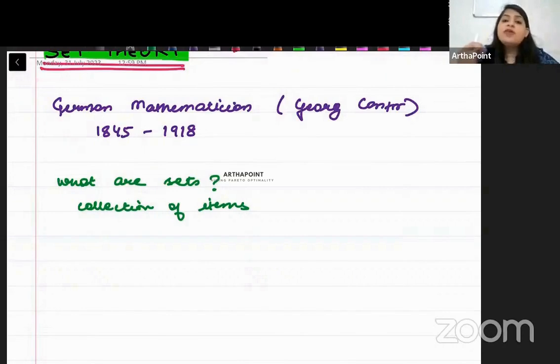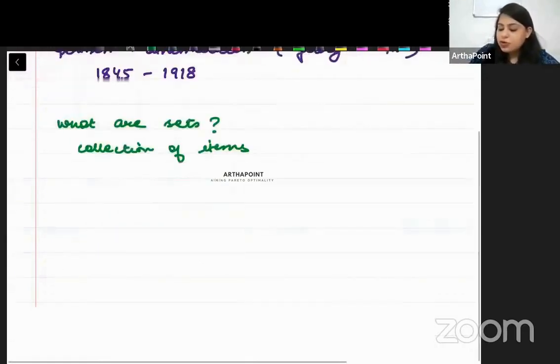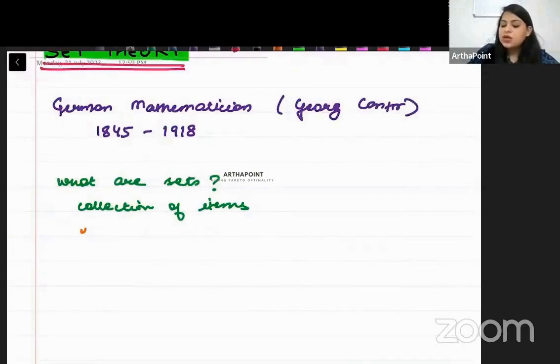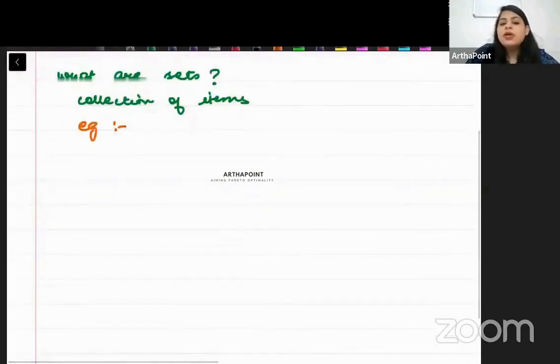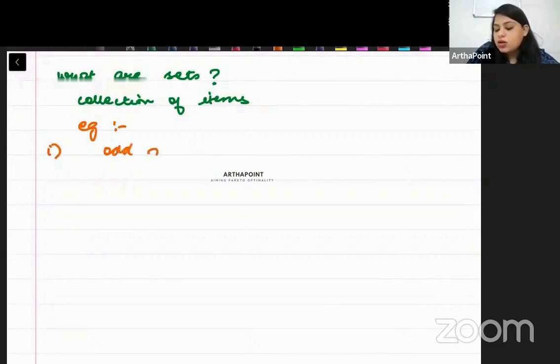Whenever we collect things, that is called a set. Let me give you an example: a collection of odd natural numbers less than 10, let's say.